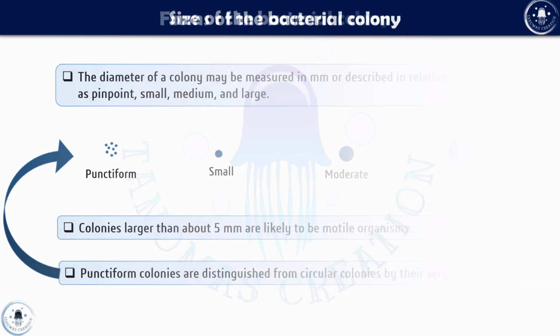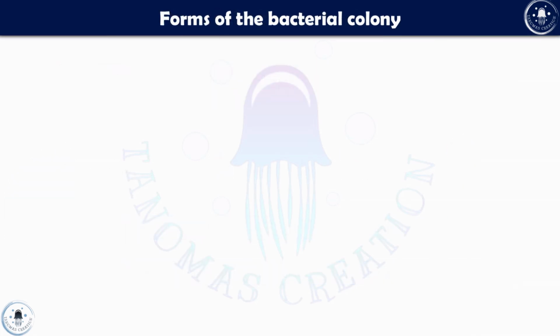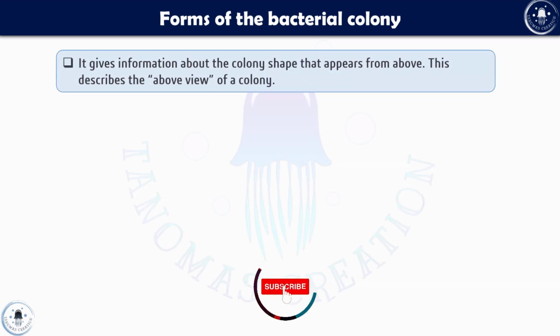Now coming to the second one, the form of the bacterial colony. This is our second characteristic. This gives information about the colony shape as it appears from above. When we look at the agar plate from above, we will see these types of forms. So this describes the above view of the colony.